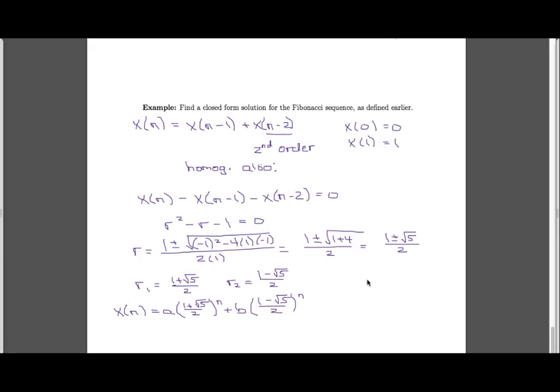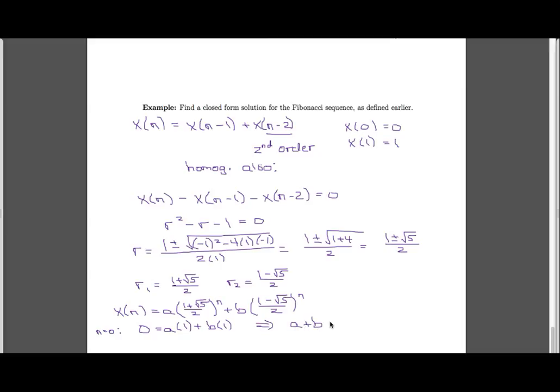So when n was equal to 0, x was equal to 0. So that gives us the following equation. 0 equals a times anything to the 0 power, well, any finite number to the 0 power is 1. Same thing here. So this tells us that a plus b is equal to 0.